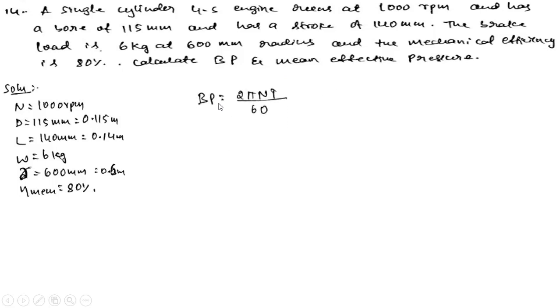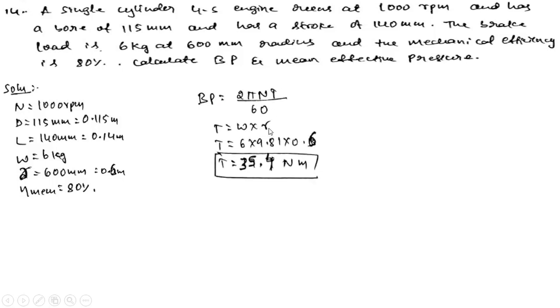So first we will go for BP is equal to 2 pi NT by 60. Torque can be calculated first. Torque is equal to load into radius. Since load is given in terms of kg, it has to be multiplied by 9.81. 6 into 9.81 into radius 0.6. Torque is equal to 35.4 Newton meter you are going to get.